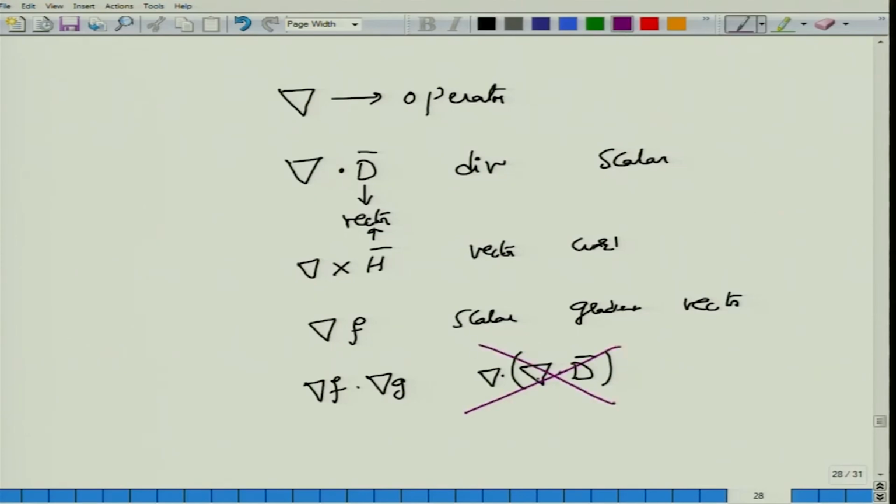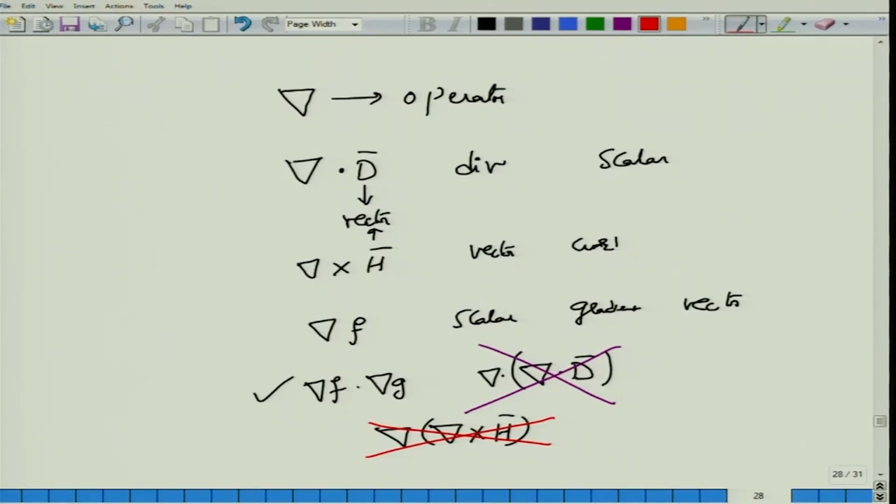Because the result of del dot d will be a scalar, and I can't take a dot product of a scalar with a vector. So this is not a legal operation, whereas this is a legal operation. Similarly, this is also not a legal operation, because curl of h will give you a vector and you don't take the gradient of a vector. So these are the things that you should be a little bit careful about when you operate on this.